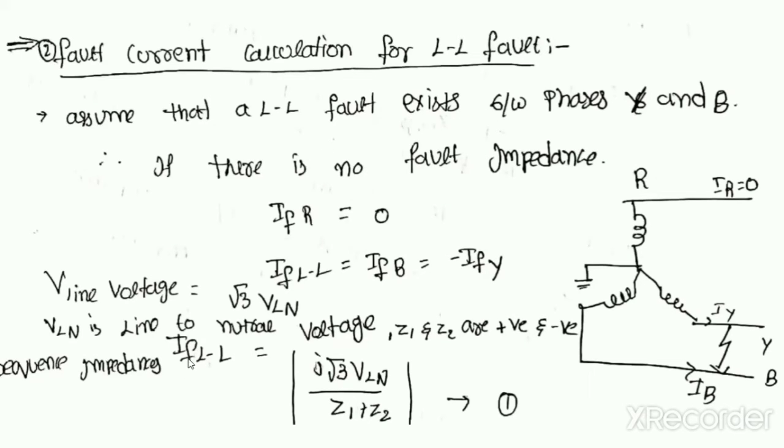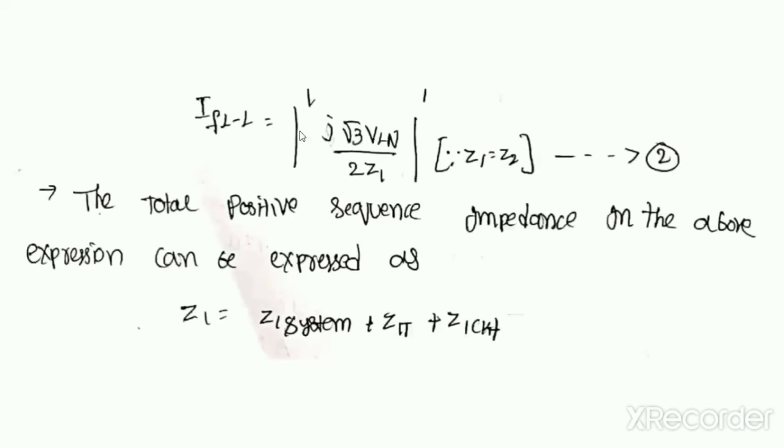Therefore IF line to line is equal to j root 3 VLN divided by Z1 plus Z2. Consider this equation number 1. Next we write IF line to line, where Z1 is equal to Z2.